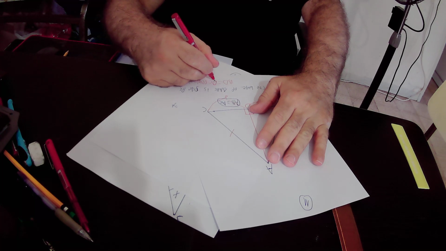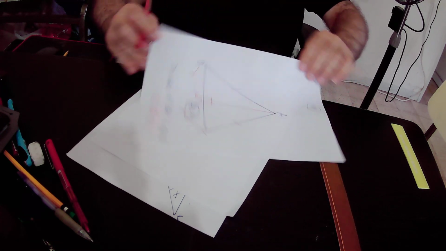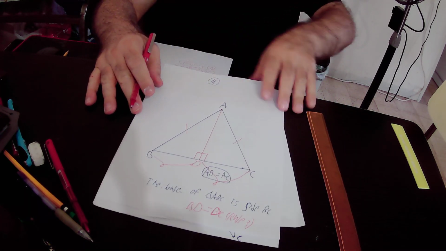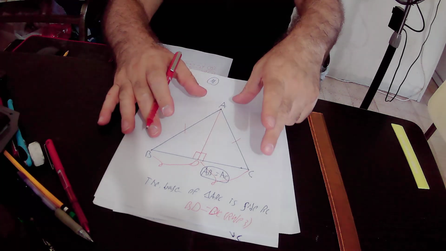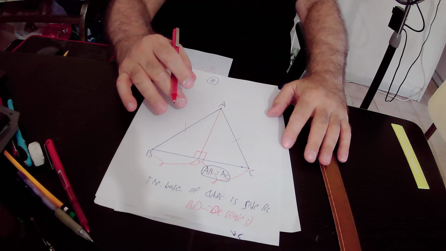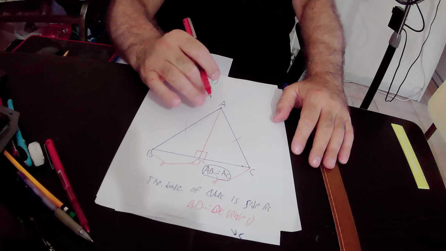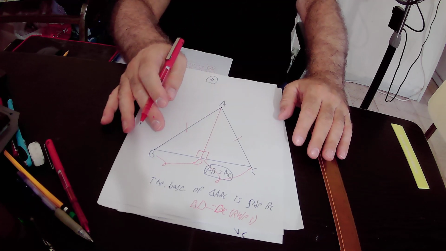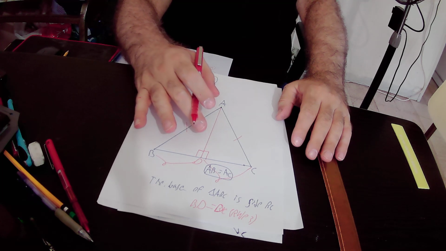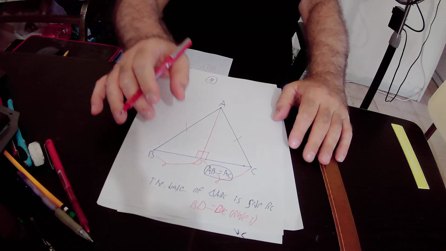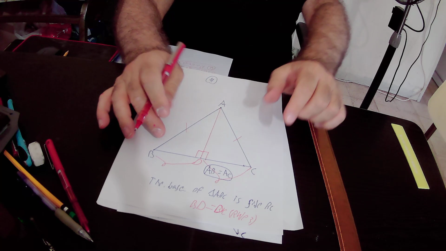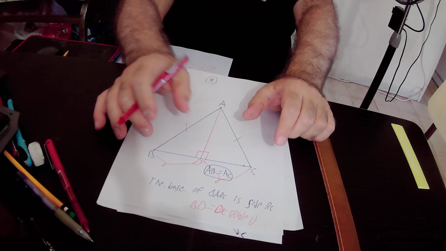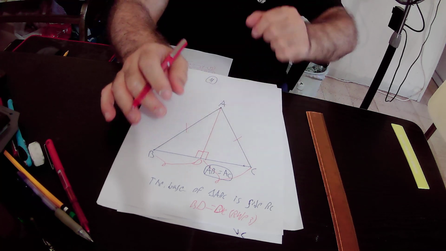Again, if you have an isosceles triangle, that is to say AB equals AC, and you draw a perpendicular from point A to the base BC, then this perpendicular divides the base BC into two equal parts, that is to say BD equals DC.